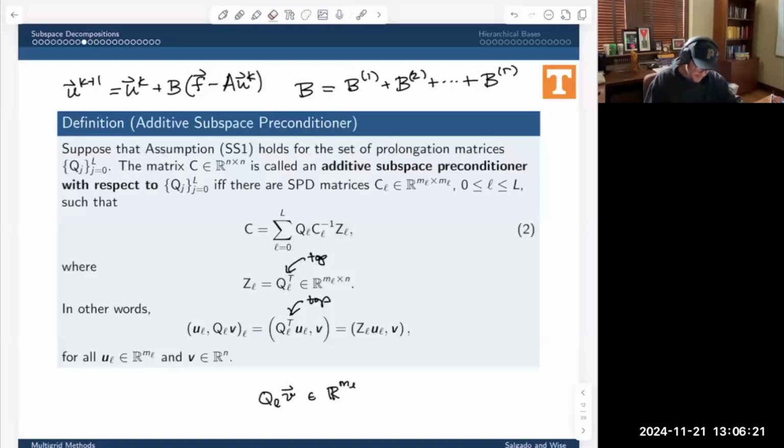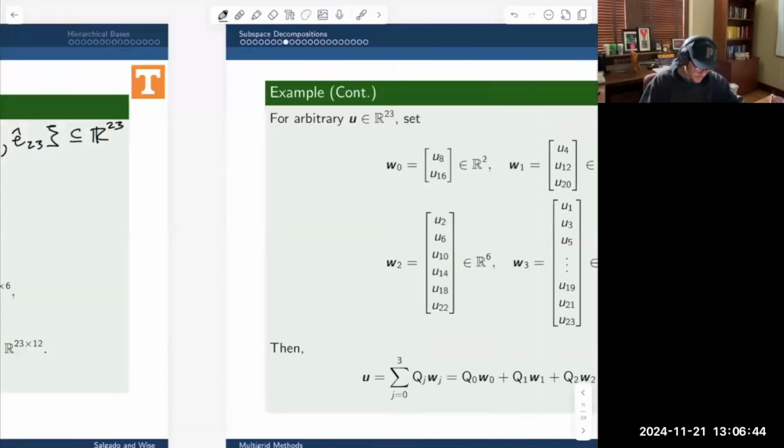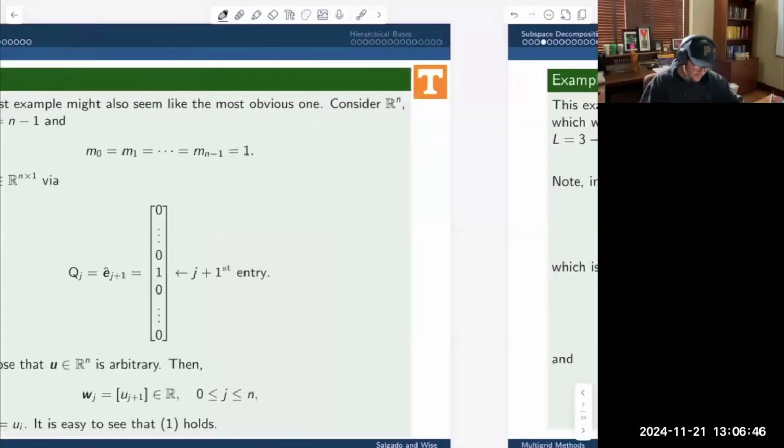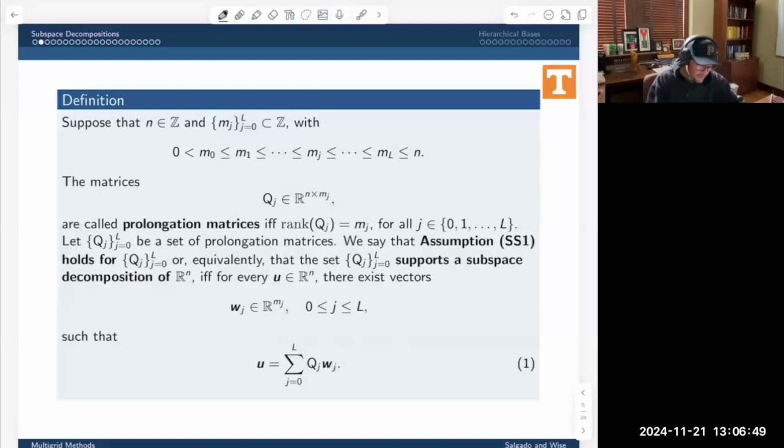So we need v to be n by 1. And what did we say Q was? Q should be M_L by n. And I think I've gotten that wrong. I'm glad I checked that. So let's go back and see what these Q matrices have to be. These Q matrices are actually like this, okay? They're tall and thin.